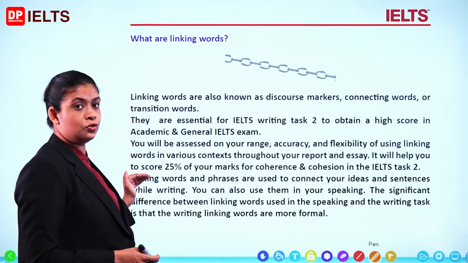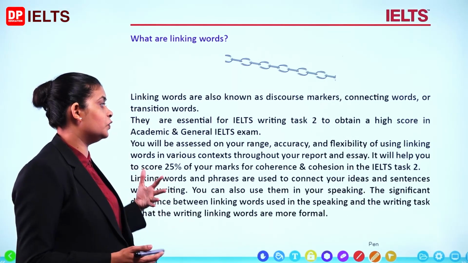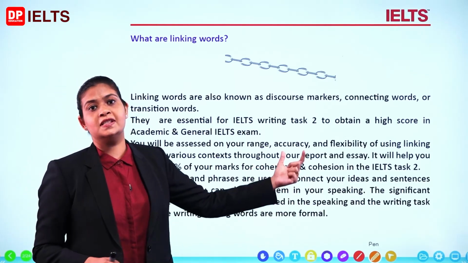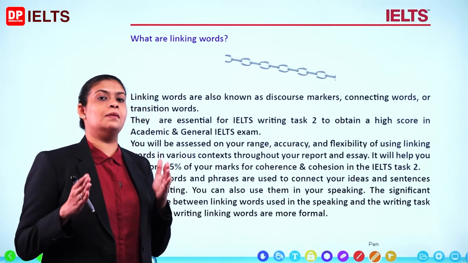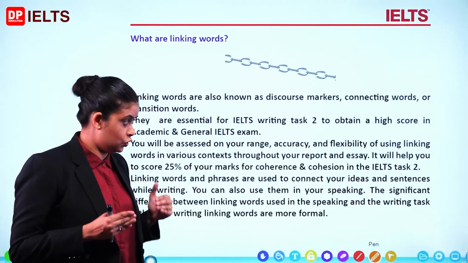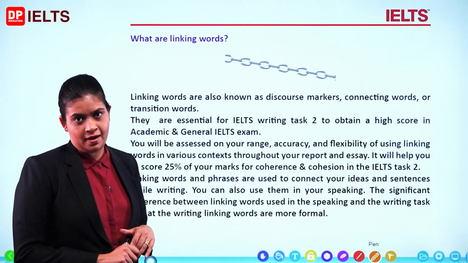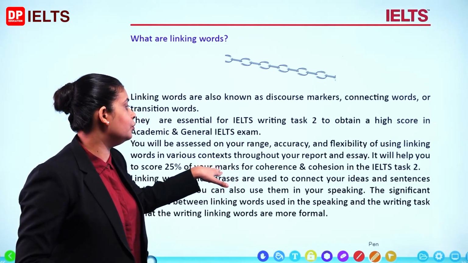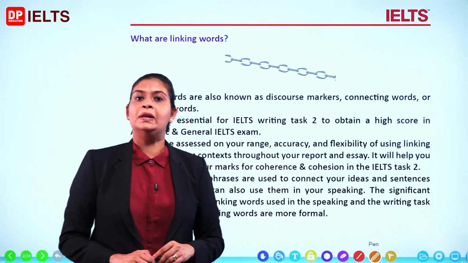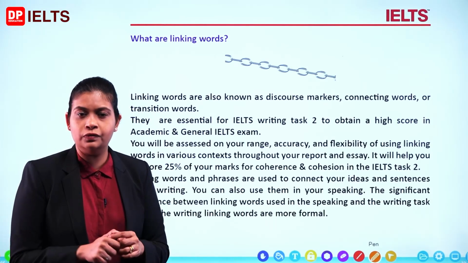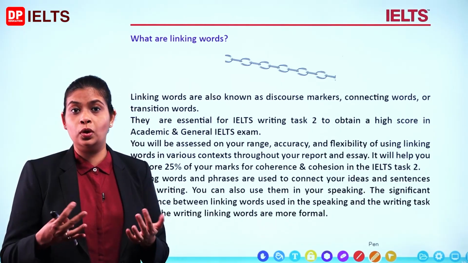It will help you to score 25% of your marks because coherence and cohesion, which is a marking criteria in your task 2, would add up to 25% of your total marks, right? Now, to go through the marking criteria, please have a look at the writing module, right, where I discuss this more in detail.